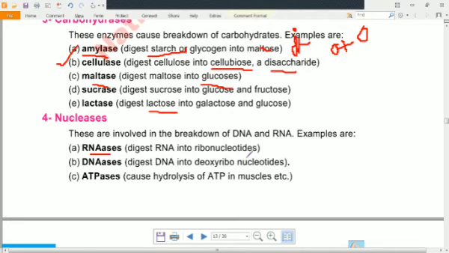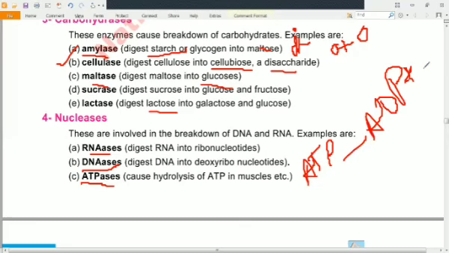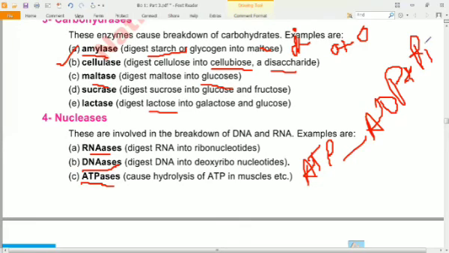As we know that nucleotides are the monomers or units of RNAs and DNAs. Then DNases digest DNA. Inorganic phosphate, and this process in the muscles goes on again and again.